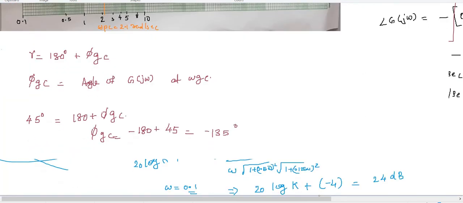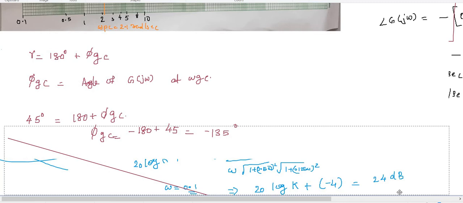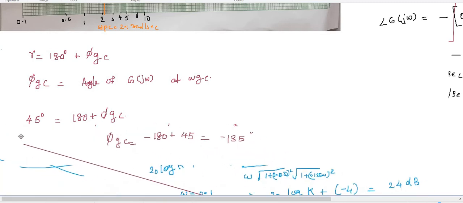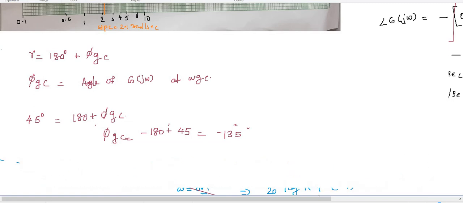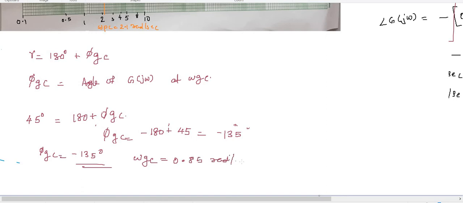So we can write that when phi gc is equal to minus 135 degree, or when the phase angle is minus 135 degree, omega gc is equal to 0.85 radian per second.